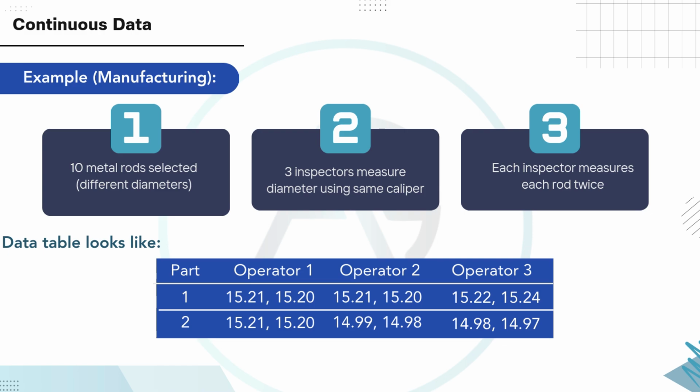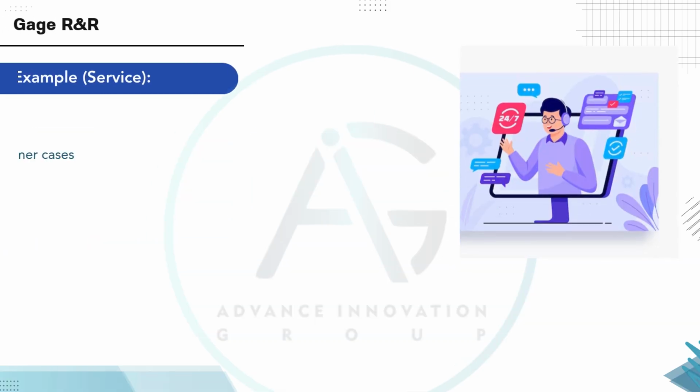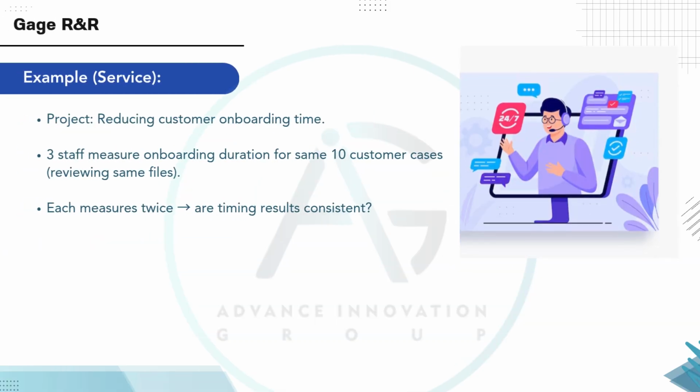Now let's look at a Gage R&R example from a service environment, which is just as important as in manufacturing. In this case, the project focuses on reducing customer onboarding time, a critical metric in service delivery and customer satisfaction.